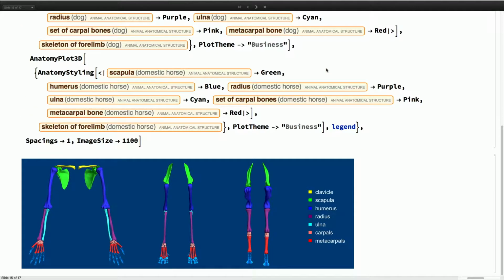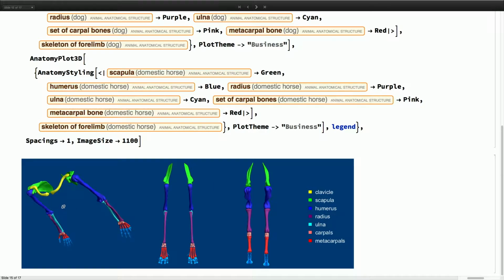So finally, this graphic illustrates the homologous skeletal structures across three organisms: humans, dogs, and horses. And we can see that humans have these horizontal collar clavicle bones, while dogs and horses don't.